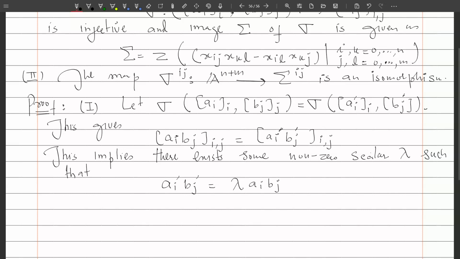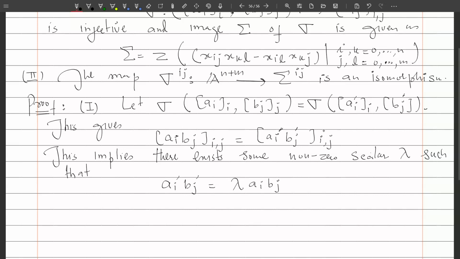First of all, one should note that this factor and this factor are non-zero vectors, so at least one coordinate has to be non-zero. Similarly, this factor and this factor are again non-zero vectors. So there is some coordinate here which is non-zero, as well as a coordinate here which is non-zero.